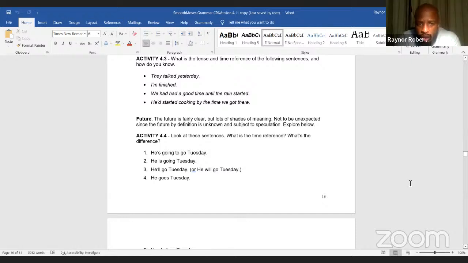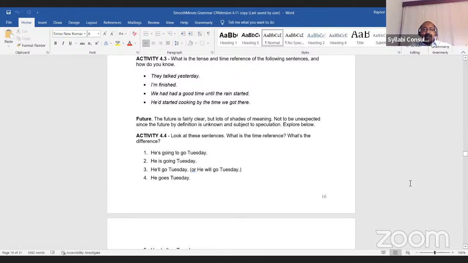He is going Tuesday. So again, we have "is going Tuesday." What's the difference between the two statements? Well, one of them seems to be almost like an order or something. Like you said, the first one expresses intention, right?